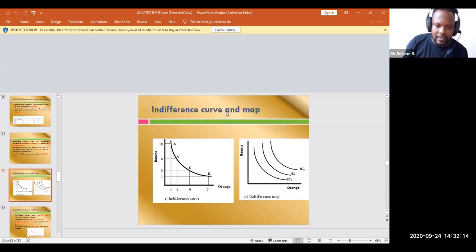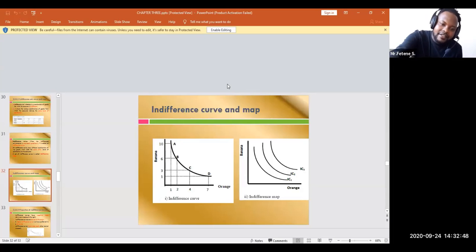Look at point A: the consumer derives a utility of 10 from banana and 1 from orange. That combination is point A. At each of these points, the utility or satisfaction the consumer gains is the same.